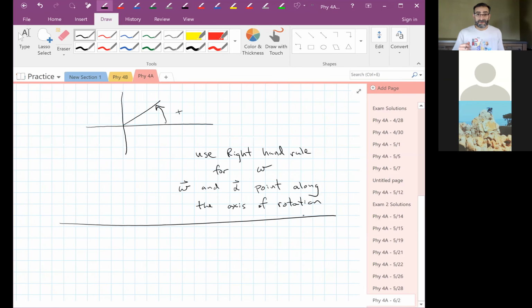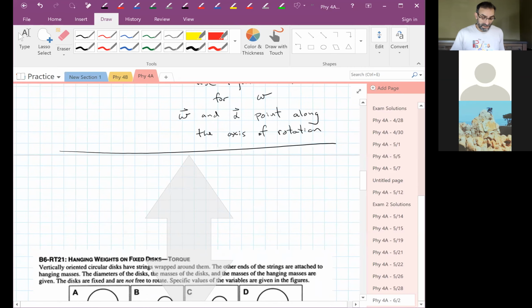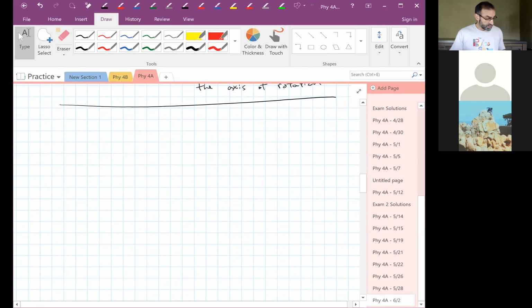We want to think about rotational inertia now. One is with kinetic energy, and the other one is with Newton's second law. So let's take a look at Newton's second law here.